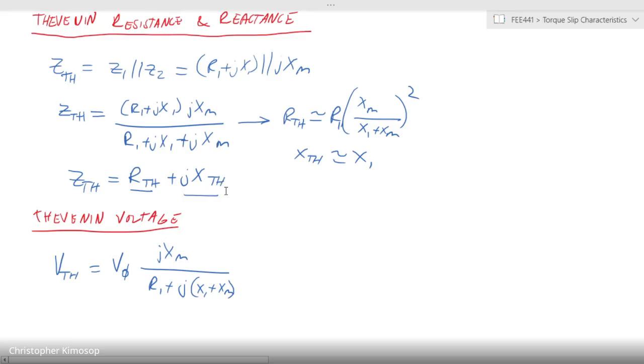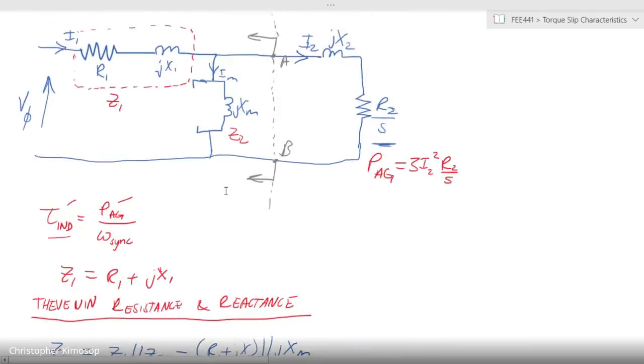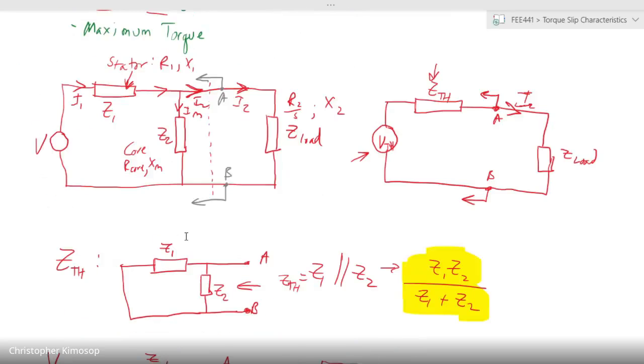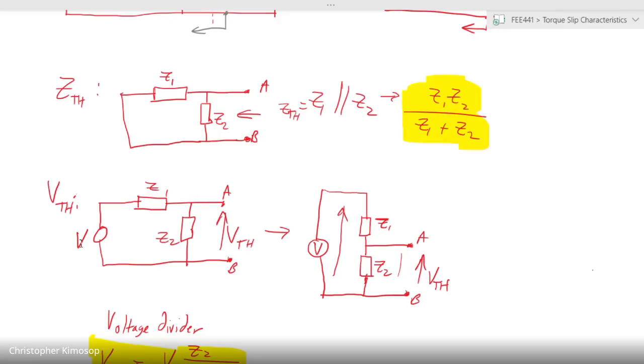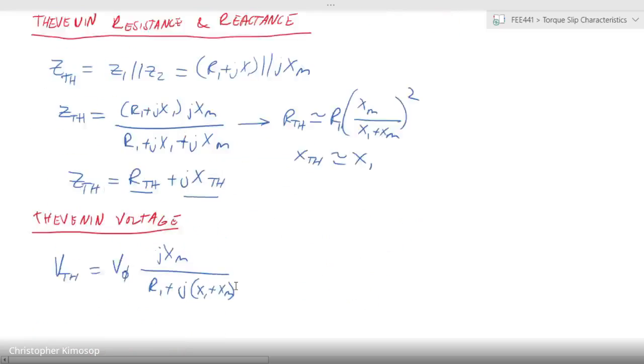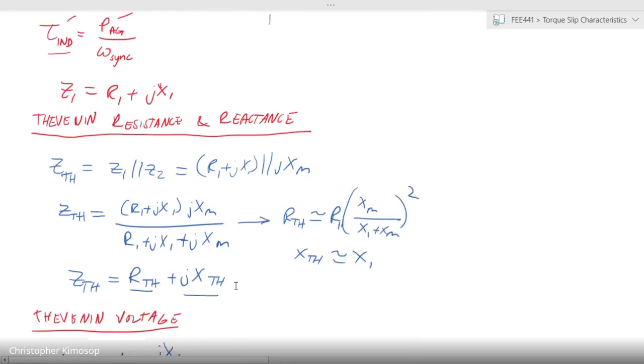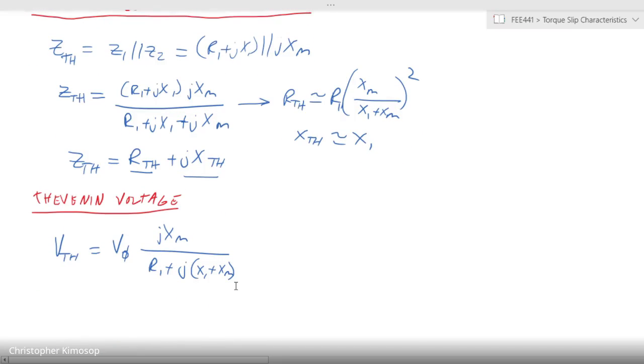Okay, we'll just continue. So we were saying the Thevenin voltage, from the derivation we had done on this side, we look at it from the point of view of the voltage divider principle. This is not product over sum.